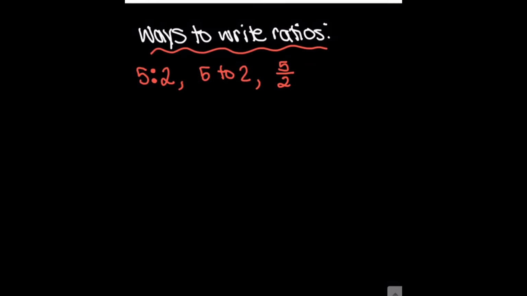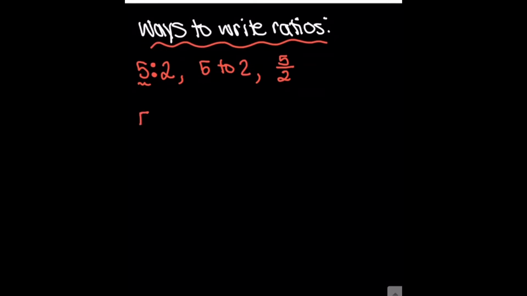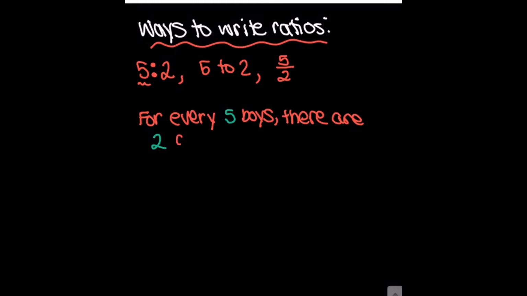And the last one, for example, if we know what these represent. For instance, let's say the 5 represents boys and the 2 represents girls. So for every 5 boys, there are 2 girls.